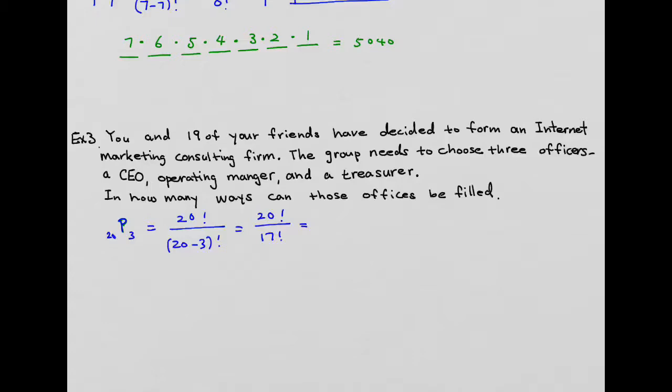Again, that is the same as 20 times 19 times 18 times 17 factorial over 17 factorial. Let me write it so you know why I don't have 17 factorial: it will cancel out. So basically you're multiplying those 3 numbers in the numerator, and when you do that, you end up getting 6,840.